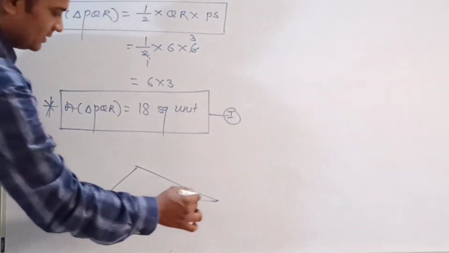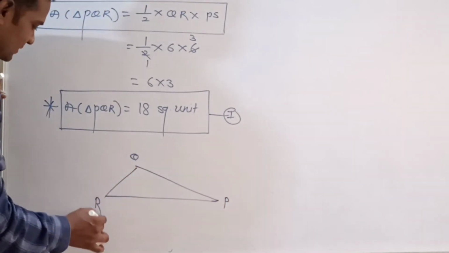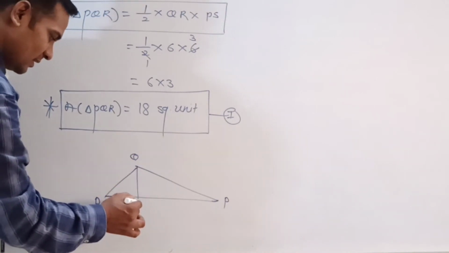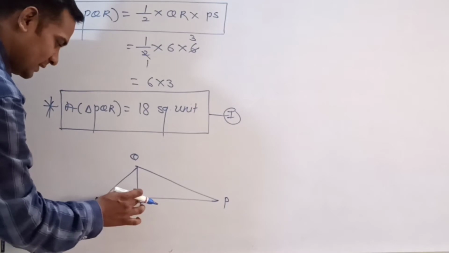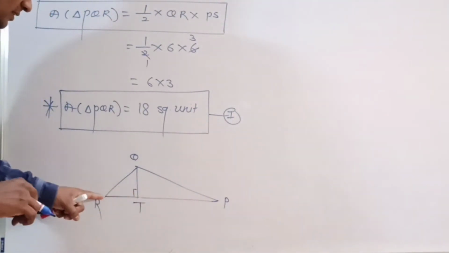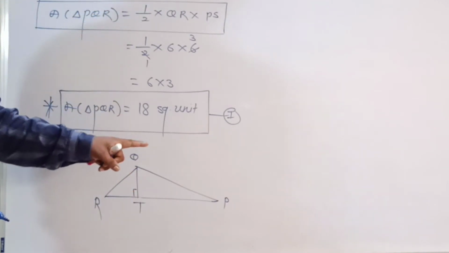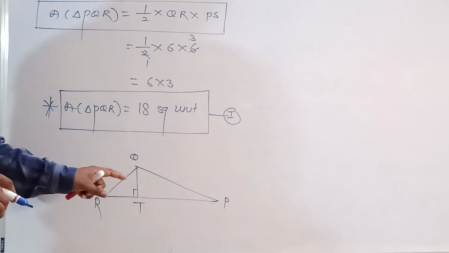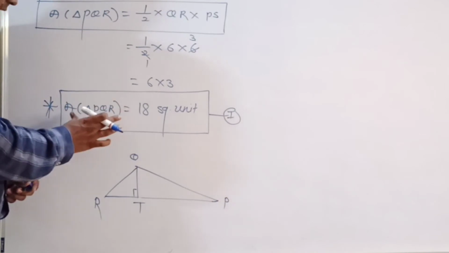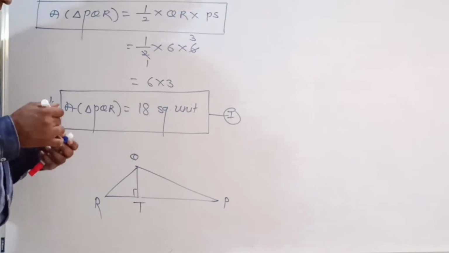This one maybe is P, this is Q, and this one is R. So this PR is a base now, and this QT is the height of triangle PQR. Again we will consider PR as the base and QT as the height, and by using the same formula we are trying to find the length of this QT. But in that formula we will use the area of triangle PQR, whose value is 18 square units.